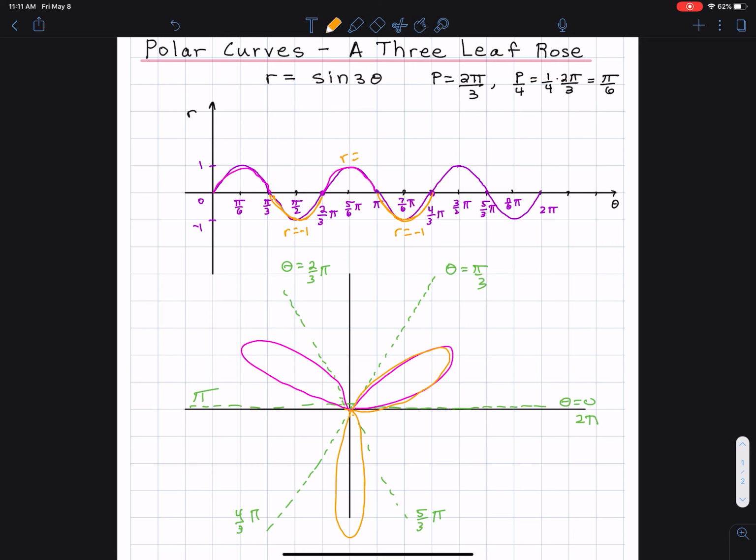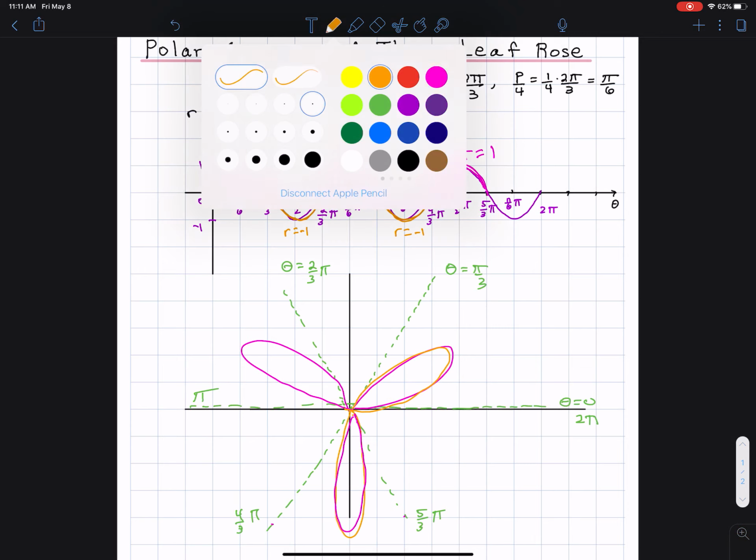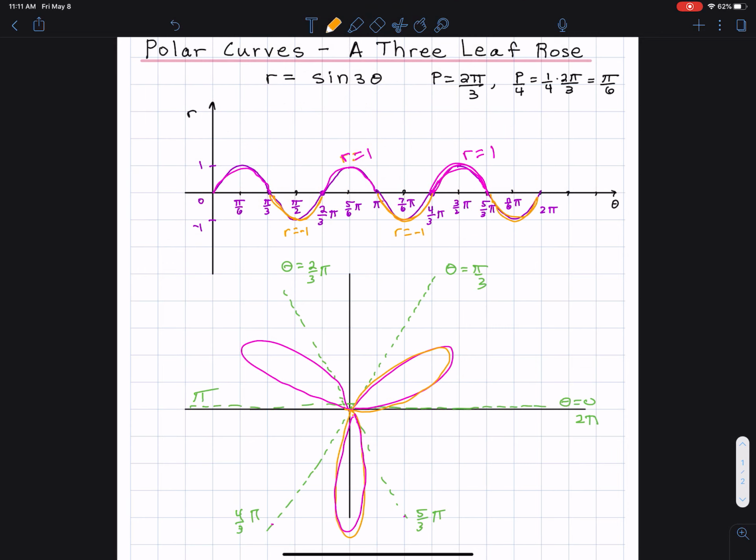It's going to retrace. And the same thing happens between 4/3 and 5/3 pi. Now r is 1 over here. And so I'm going to retrace again. And then between 5/3 and 2 pi, it's going to go over this once again on the other side.